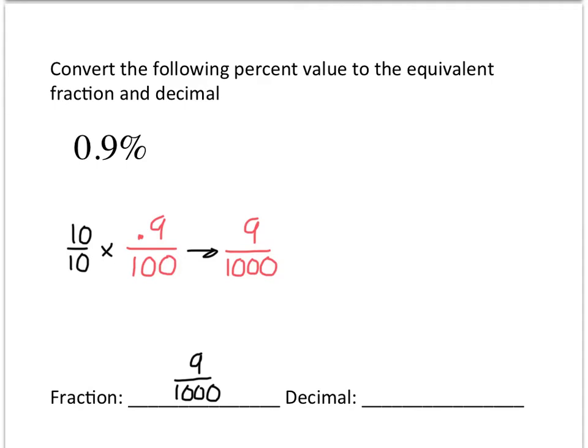Now as the decimal, again, if I divide by 100, this literally means that I'm moving the decimal point 2 points to the left. So if I go back up here to the 0.9 and we look at moving that decimal place 2 points to the left, I can see here that I move it once and twice. I actually have an extra spot here that I have to fill in with a 0.